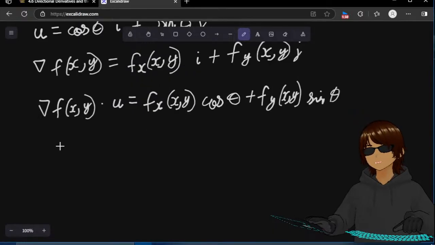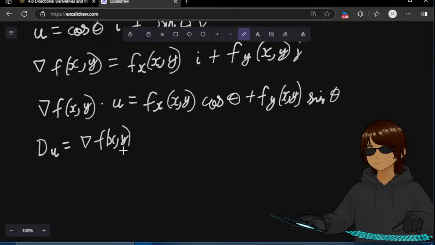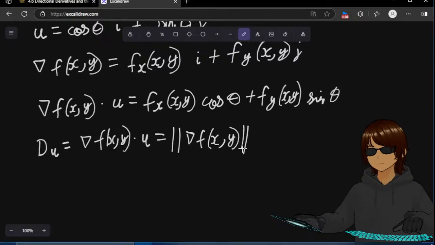So if du is this, let's say the angle between them is phi. So we have this, but the magnitude of u is 1, so we are left with this.